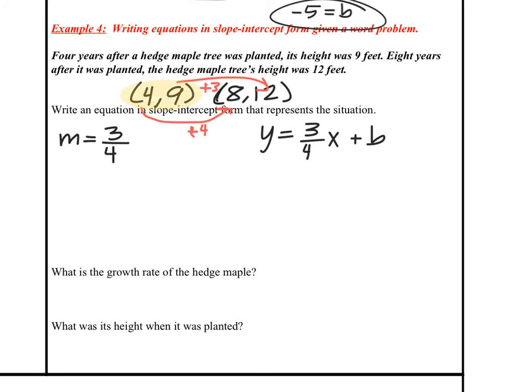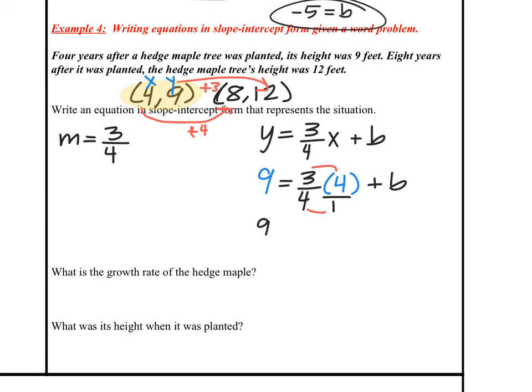Remember that the first number is x, the second number is y. So I'm going to put 9 here equals 3/4 times the x, which is 4, plus b. Okay, 3/4 times 4. You can put this over 1 and then you multiply straight across.